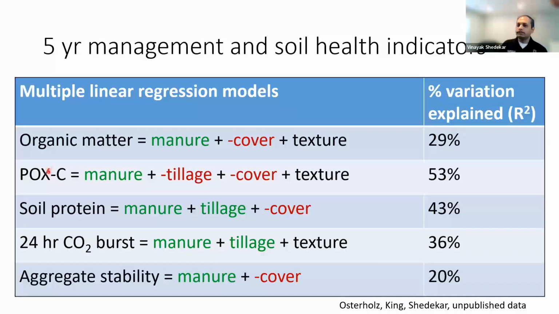Essentially, if you look at this, the active carbon tends to be a really good representation of all of these factors combined together. It explains about 53% of the variability in the active carbon itself.